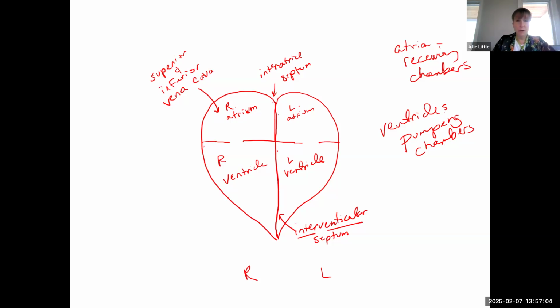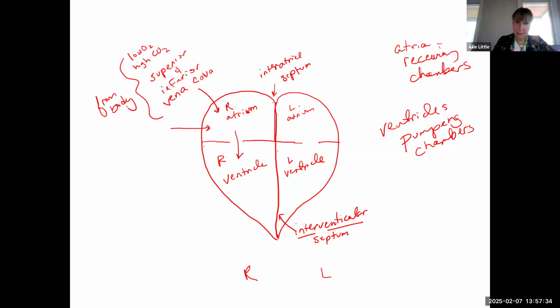The superior and inferior vena cava are going to have low oxygen, high carbon dioxide blood coming from the body, and it enters into the right atrium. And notice how I left a little gap here. That blood will go down into the right ventricle, but there's also another vessel that puts blood into this right atrium. And all of this blood is from the body.